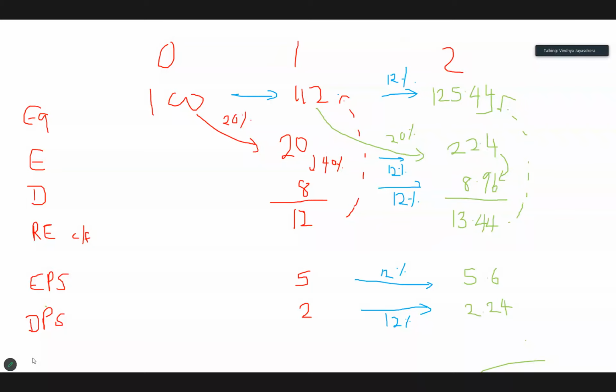You can keep on doing this exercise for year 3, year 4, indefinitely, and you will see that always the growth will be 12%. As long as we achieve our target ROE, our growth will be 12%.